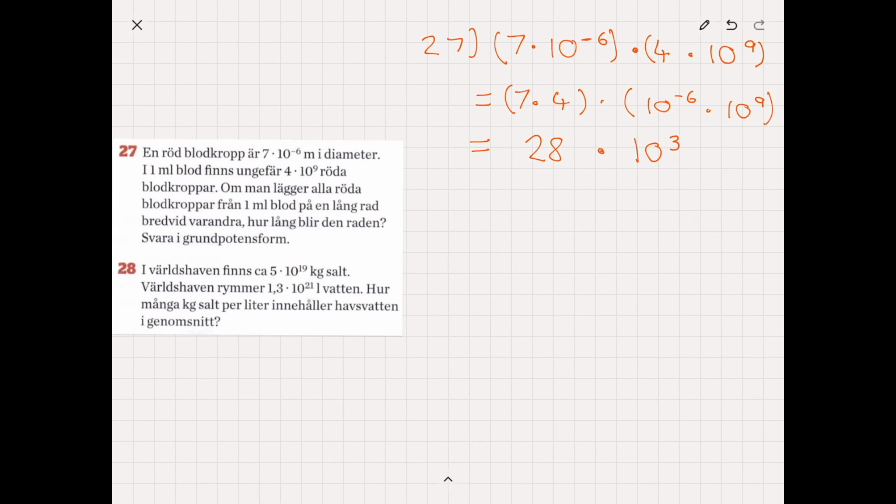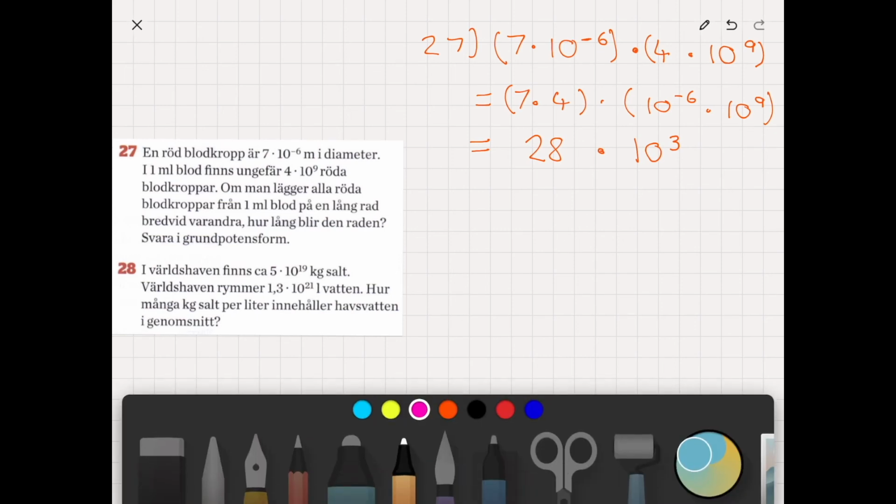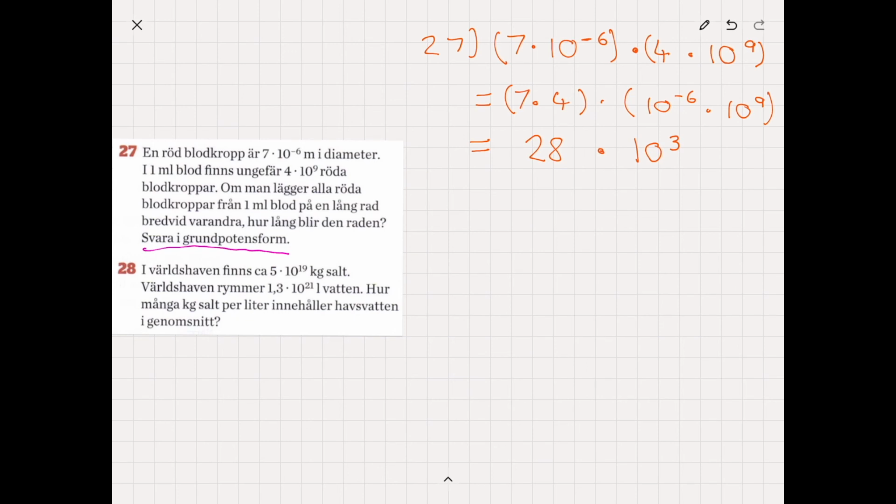There we go. Now, we need to check here. There is a very important keyword here, and that is give your answer in standard form. Now, if we do our little check here, the B value's fine, but our A value is not between 1 and 10. That's nowhere near. So we need to fix it.